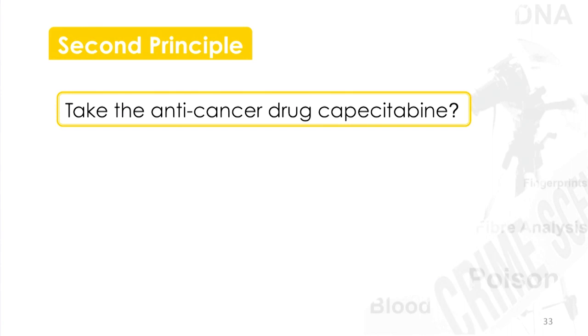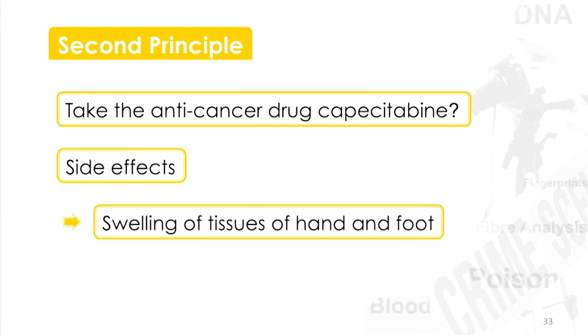But he was in remission, and he traveled to the United States to visit friends and relatives. Now, when you enter the United States, you are fingerprinted. But one of the side effects of this drug is so-called hand and foot syndrome, which includes swelling of the tissues of the hand and foot.